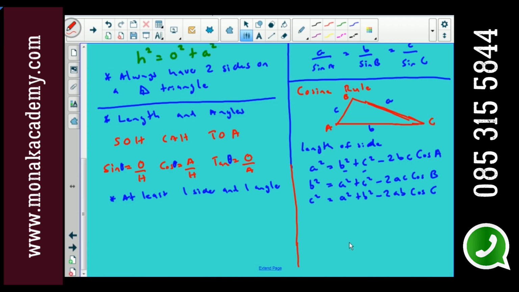Right. So let's write the last one, which is for size of angle. Because remember, on cosine rule, we have the length of side, and now we need the size of angle.